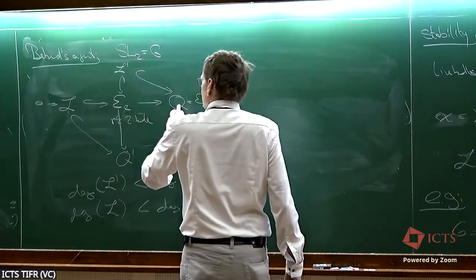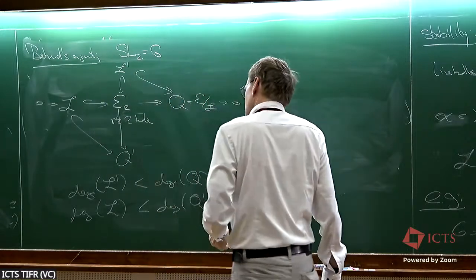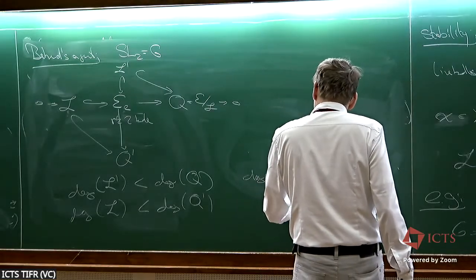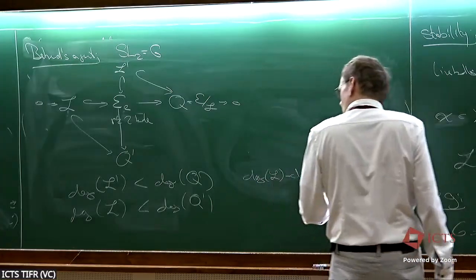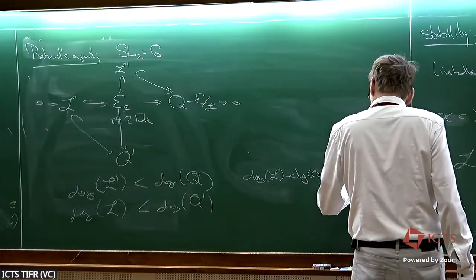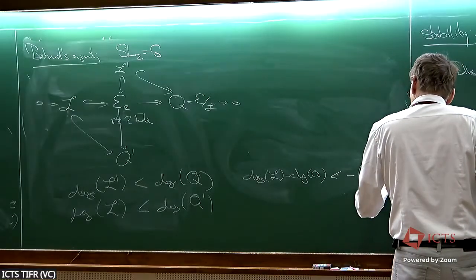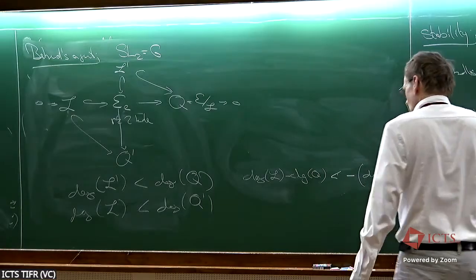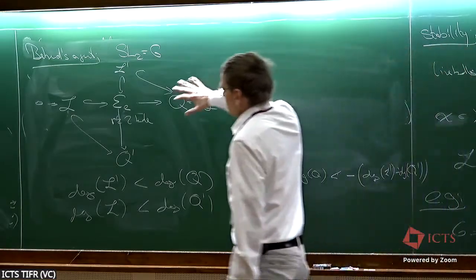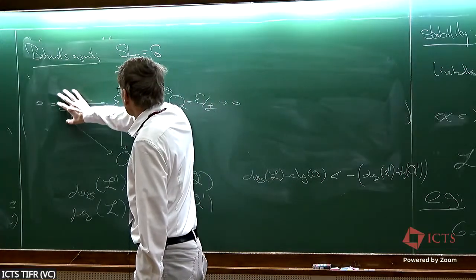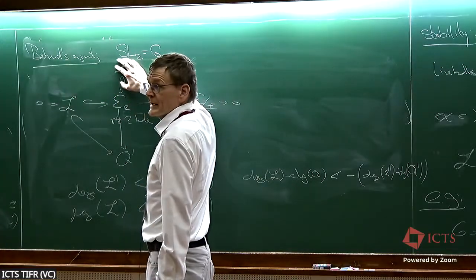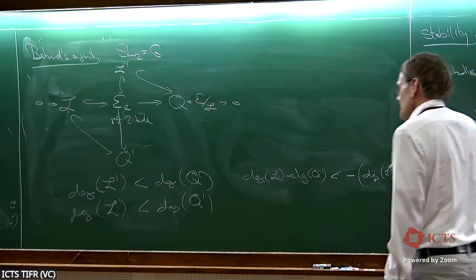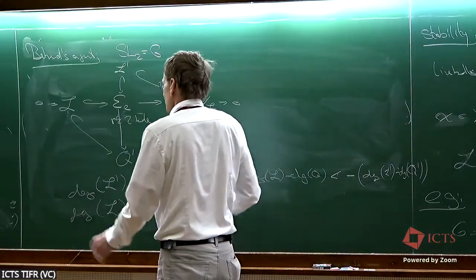Generically this maps non-trivially, so it's an injection of line bundles. And so the degree of L minus the degree of Q is smaller than minus the degree of L prime minus the degree of Q prime. So the uniqueness is immediate from here, because if you have one that is positive, then all the others have to be negative. If you found one destabilizing reduction, it's the only one there is.